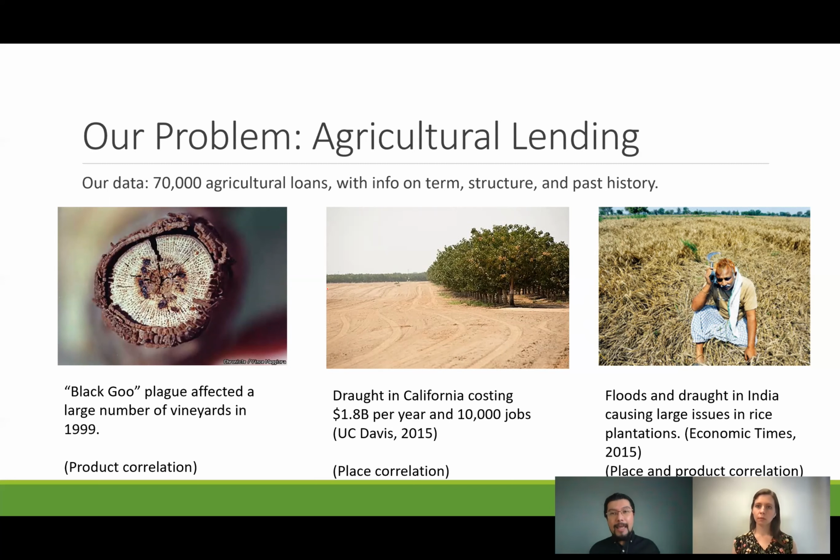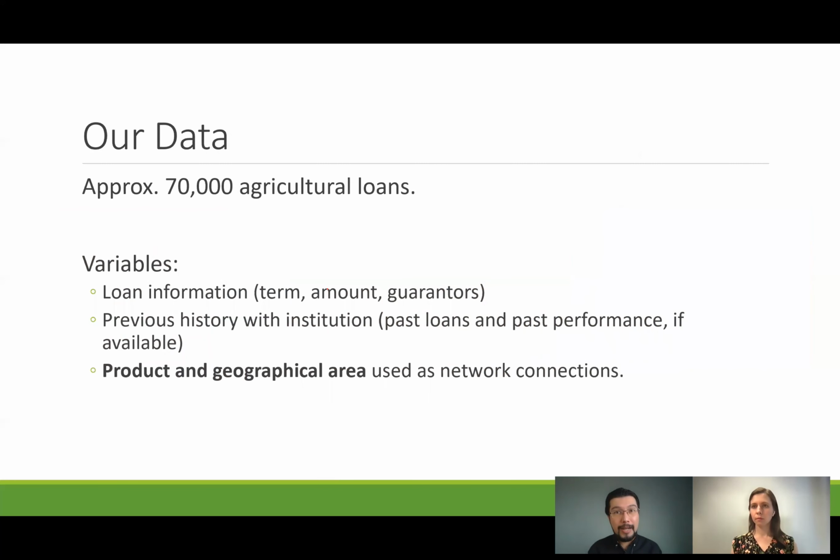And finally, those two things can intertwine and expose you to a higher risk. For example, there was a set of floods and drought in India that caused large issues in rice plantations, according to the Economic Times. Here you can see the place and product correlation and how these farmers relate to each other.